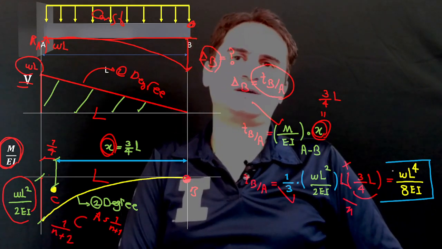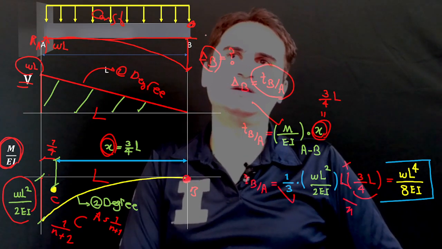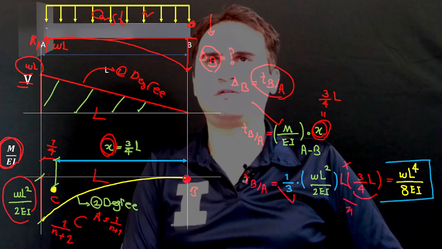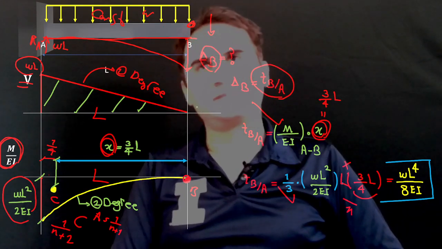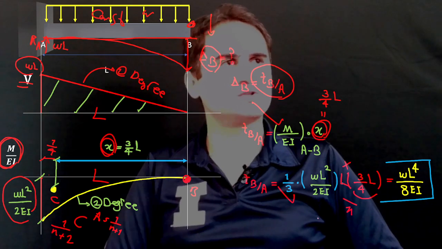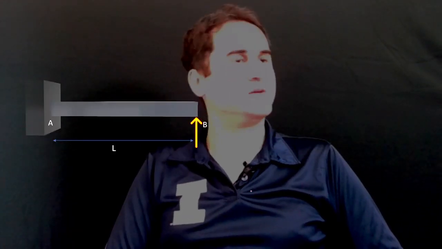So that makes delta B, for the distributed load only over the cantilever beam, WL to the fourth over 8 EI. So we get the first part.